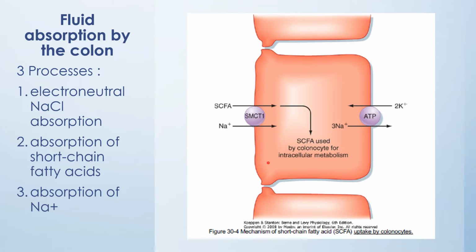These molecules are absorbed from the lumen and perhaps in the crypts in a sodium-dependent fashion, by a family of symporters related to the sodium glucose symporter, known as the sodium monocarboxylate transporters, or SMCTs.